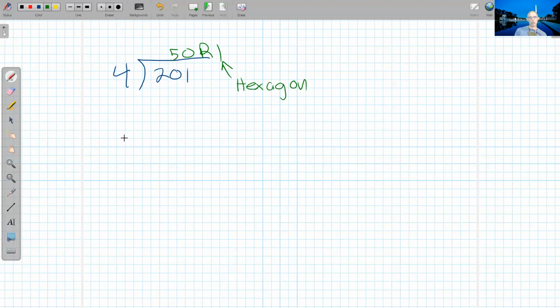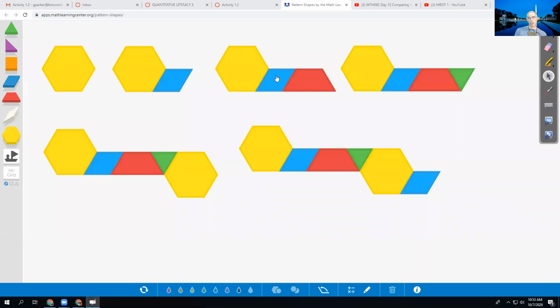Okay, what if we did this 202nd figure? Suppose n was 202. 4 goes into 20 5 times, no remainder, 4 goes into 2 0 times, remainder 2. So what would that give us? What comes after a hexagon? After a hexagon should be this guy here, a rhombus.